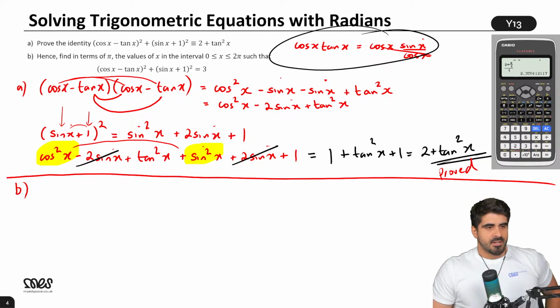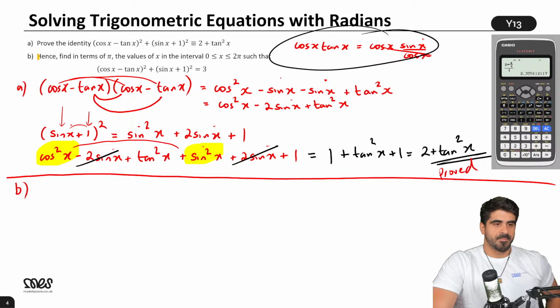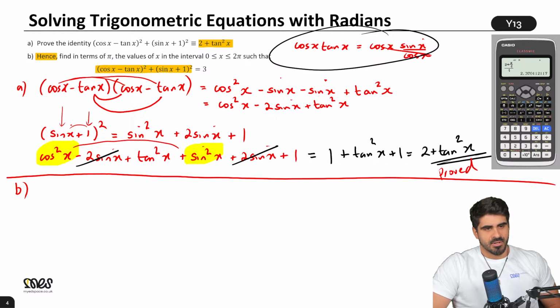And then Pramit and Abdul, good. So guys, whenever it says hence, it means you're using the previous part. Hence, this is the same as this.